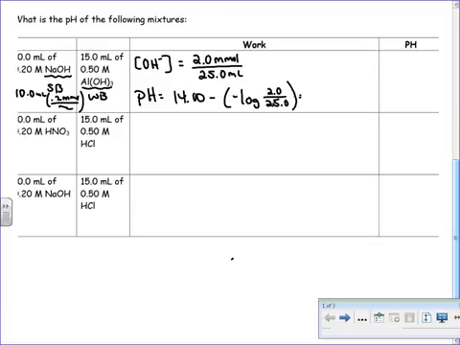We're getting a pH of 12.90. You should ask yourself, hey, does my pH make sense? We're dealing with bases. The pH should be greater than 7. We have 2 significant digits in our concentrations, which means our pH is going to need 2 decimal places. So that pH is 12.90.